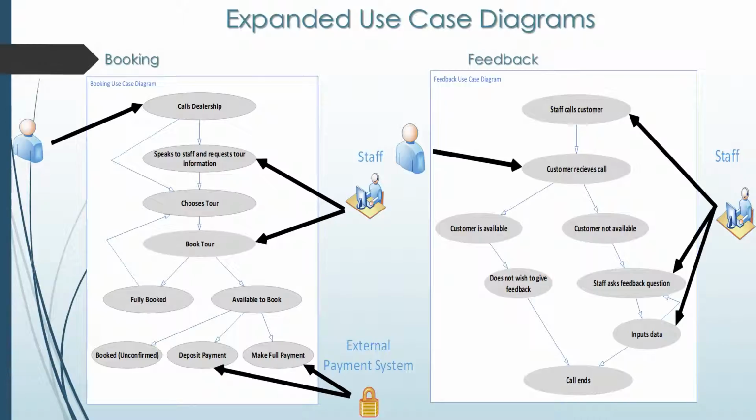If the tour is available to book, then the option for availability becomes present and allows one of three options: booked with an unconfirmed place, deposit paid, also securing a place, or fully paid and a fully secured place. However, the deposit and fully paid are both related to an external payment system, and therefore the use case would end here.